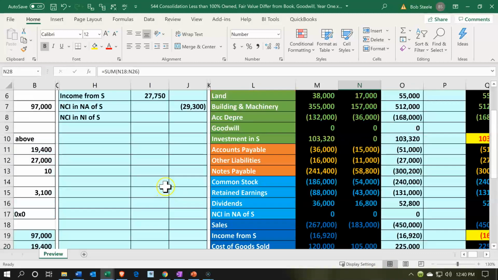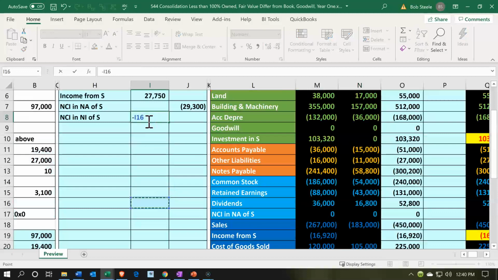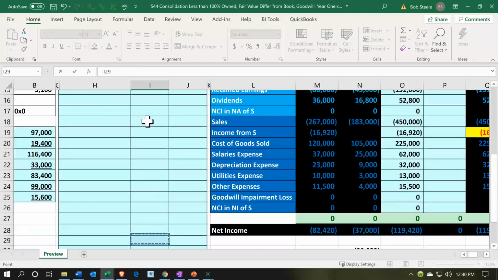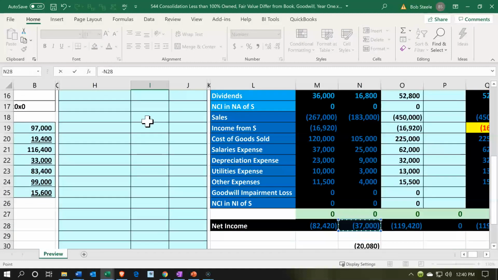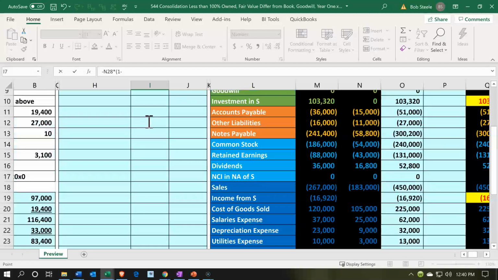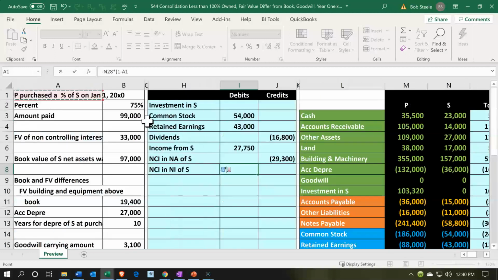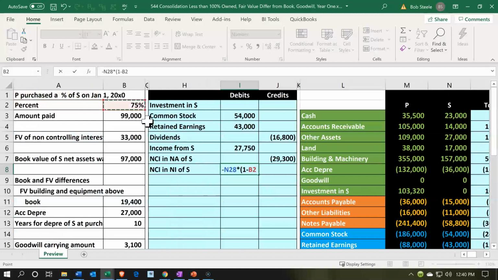So that's where we're going to start. The non-controlling interest is going to be the amount of the 37,000 times, I'm going to do it this way, brackets 1 minus the 75%, and that gives us the non-controlling interest.